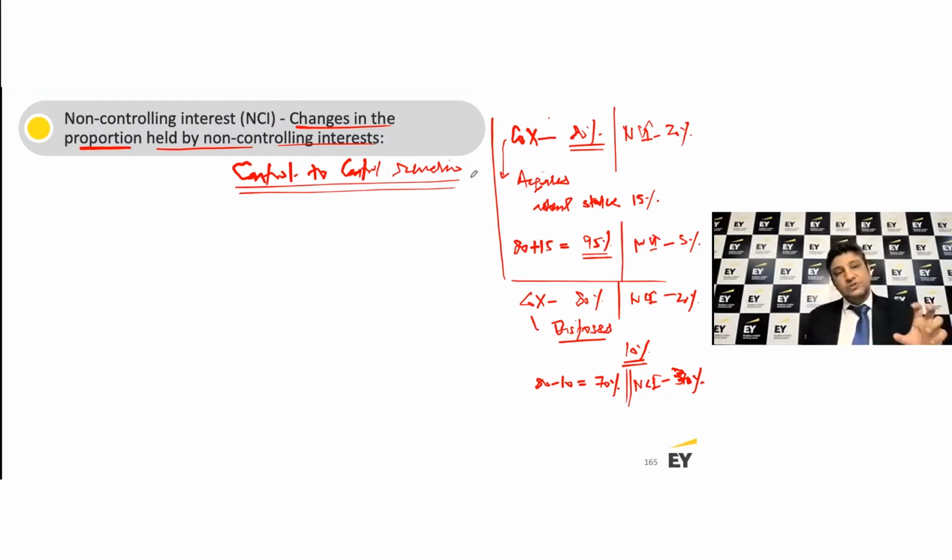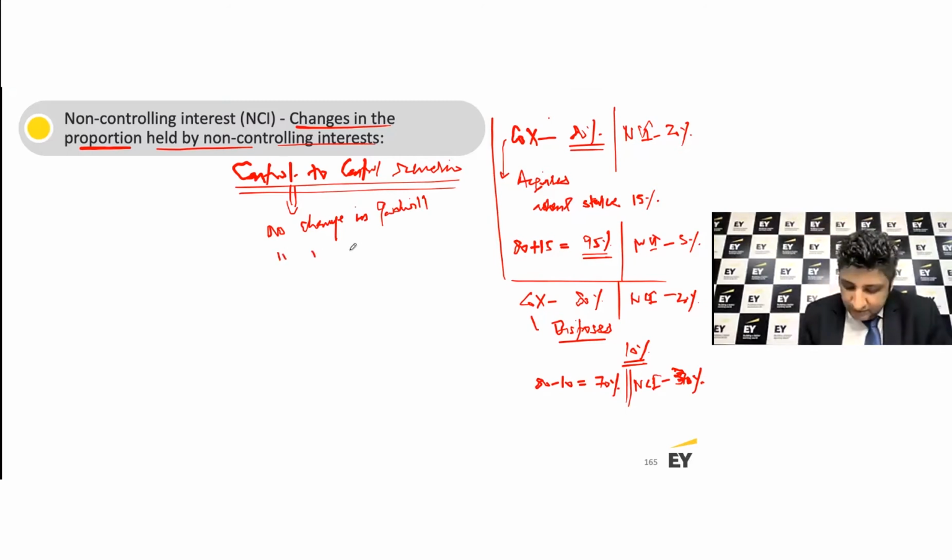You're not losing the control. You're not acquiring further control. You already had the control with 80%, for example, in our scenario. Which means that there is no change in goodwill. There is no change in the net assets for consolidation purposes.